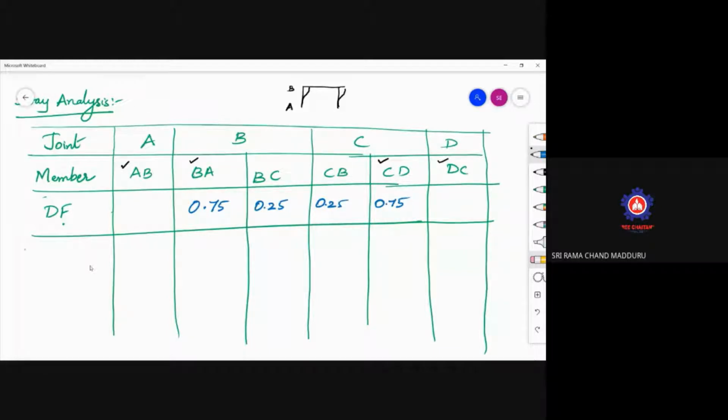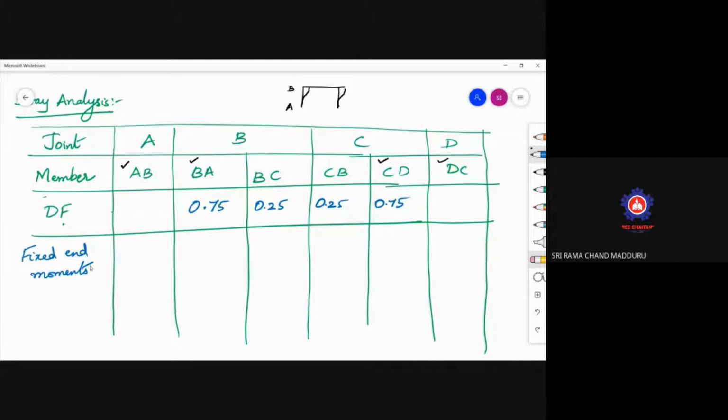Okay, now according to this we have to assume fixed end moments. So what I am assuming is fixed end moments, like some numerical value I have to assume here.